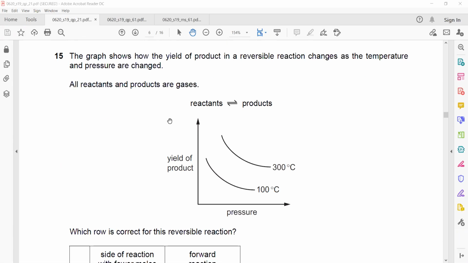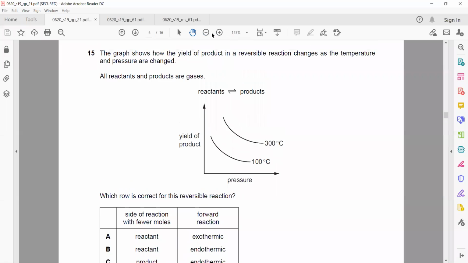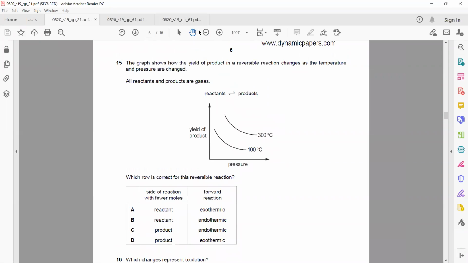Then question 15. This is about the reversible reaction. The graph shows how the yield of a product in a reversible reaction changes as the temperature and the pressure change. All the reactants and products are in the gaseous state.